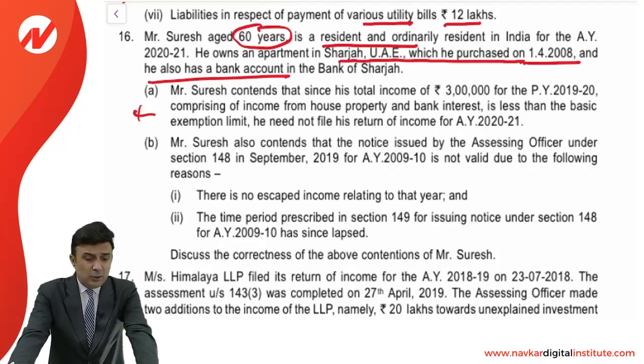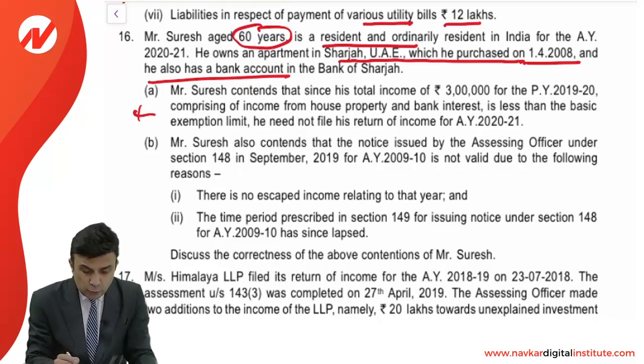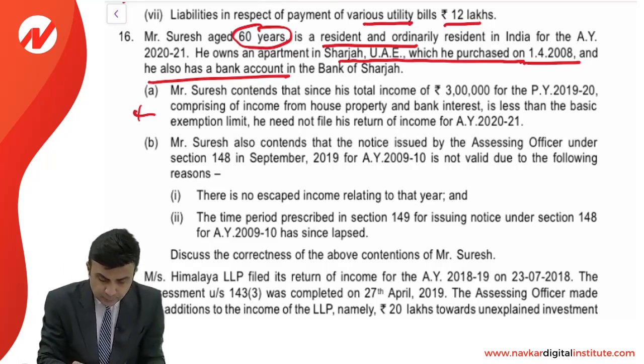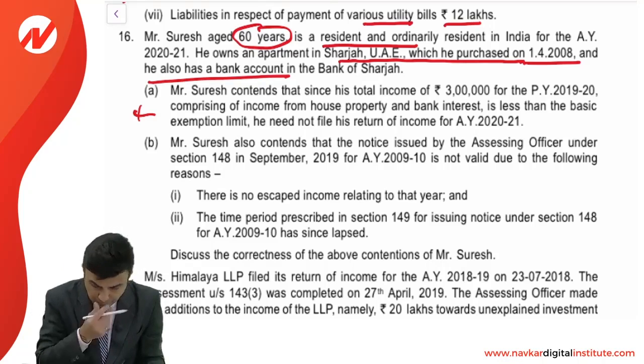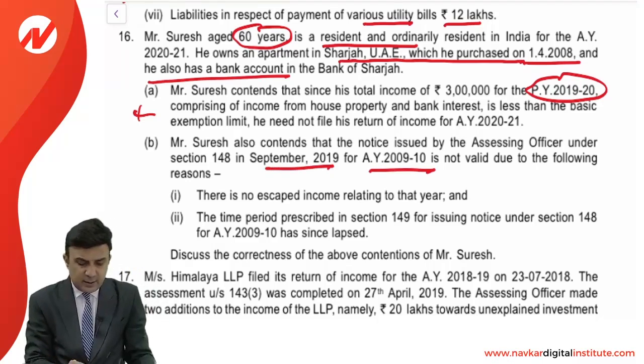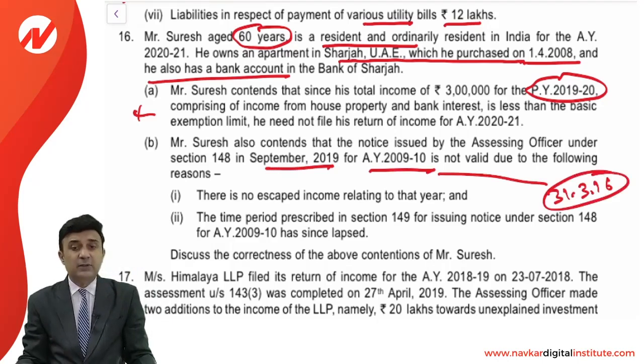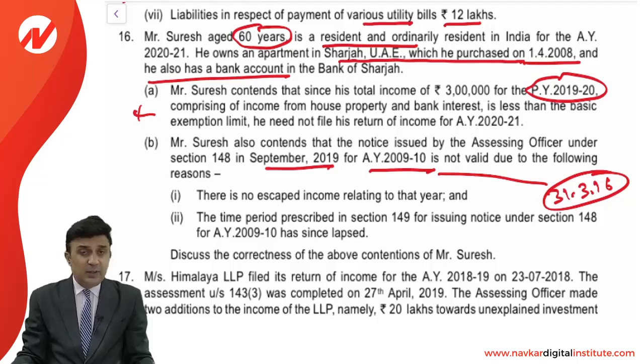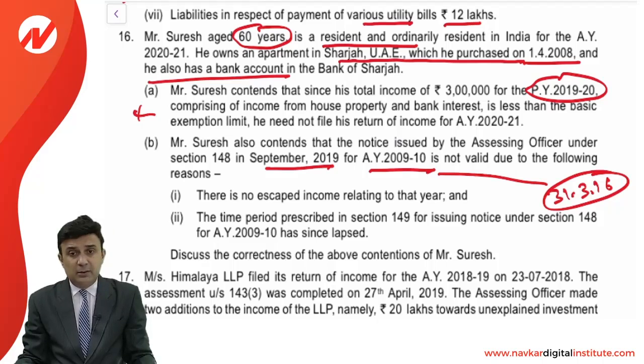Second, Suresh has contended that the notice is time barred. The reason being, the notice is issued for PY 8-9 in the month of September 19 for AY 9-10. For AY 9-10 you can issue the notice only up to 31st March 16, being 6 years. As 6 years have expired, no notice can be issued.